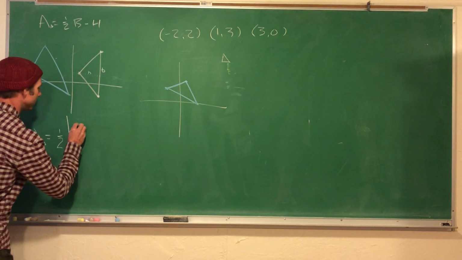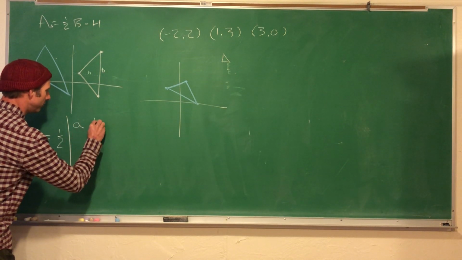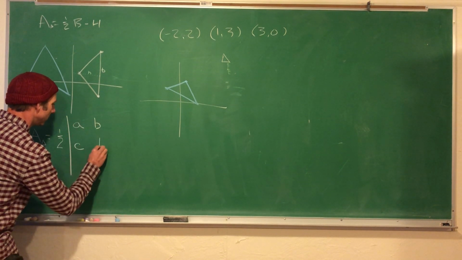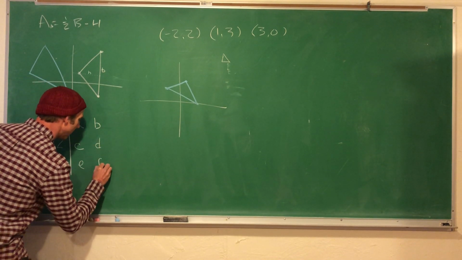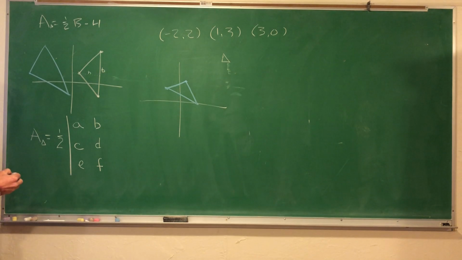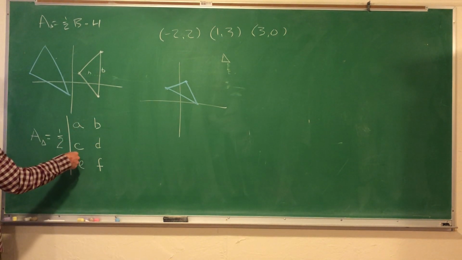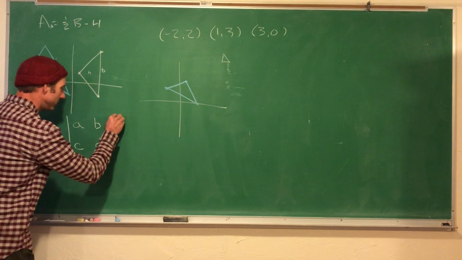So we'll call this A, B, C, D, E, F. Now, we can't do determinants for a rectangular matrix. It has to be square, and these extra entries are going to be 1.